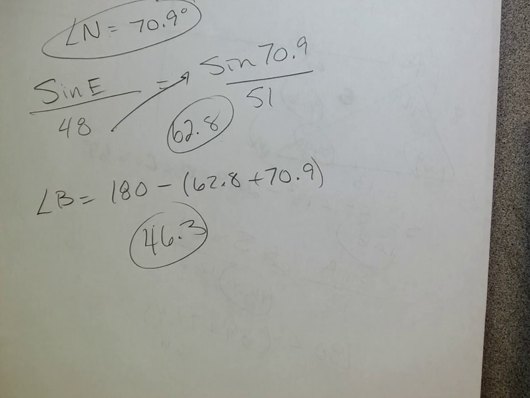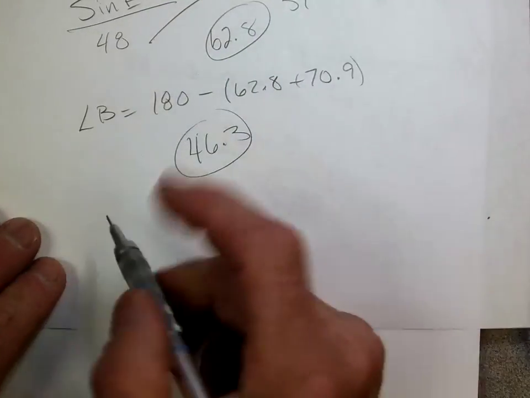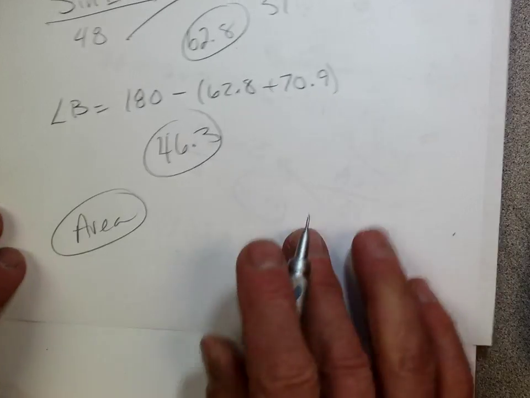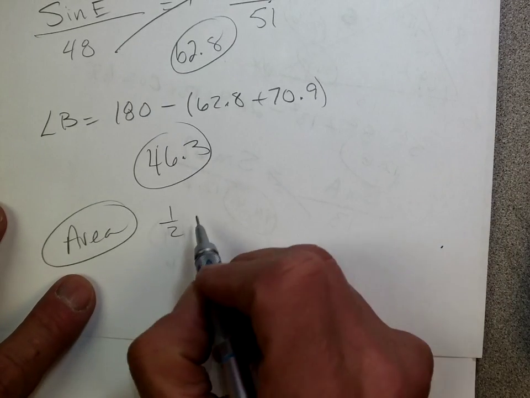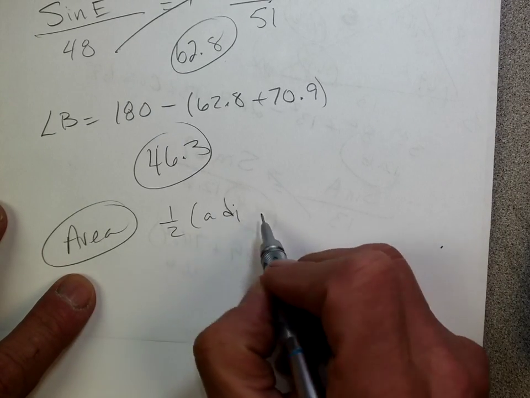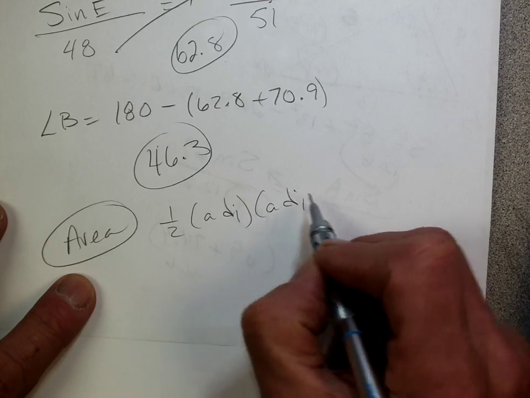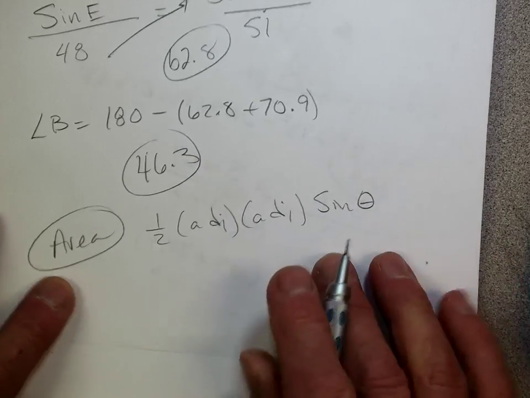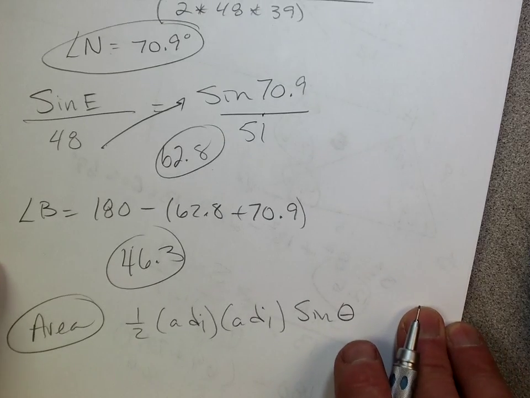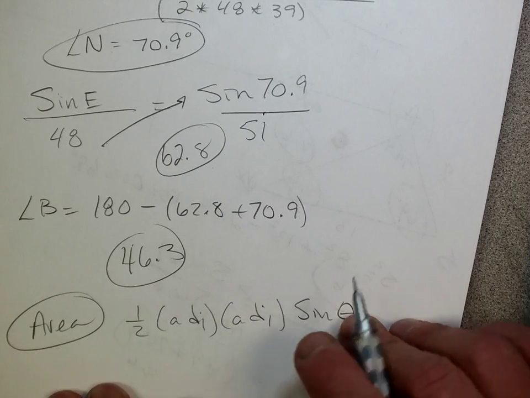Now, finally, last but not least, let's find the area of this thing, okay? How about the area? Well, I'm going to go 1/2 adjacent times the sine of an angle, okay?